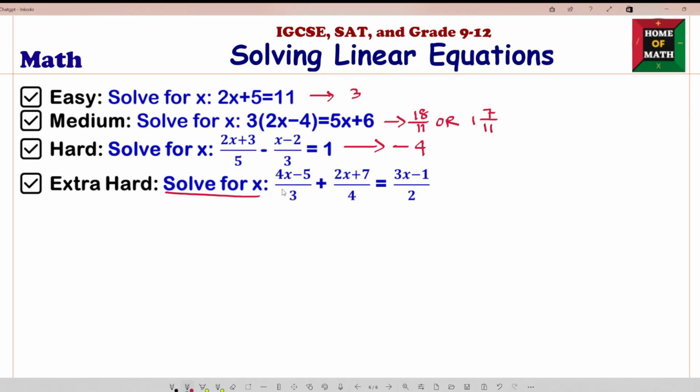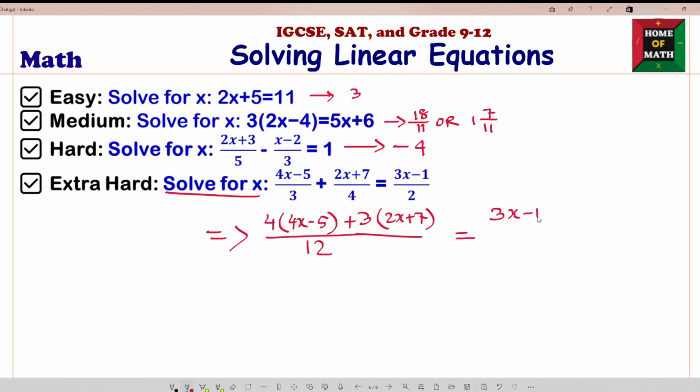So this one: (4x - 5)/3 + (2x + 7)/4 = 3x - 1. So we can write it in here, right? So the LCM of 3 and 4 is 12. So 4 times (4x - 5) plus 3 times (2x + 7), and equals (3x - 1)/2, right?